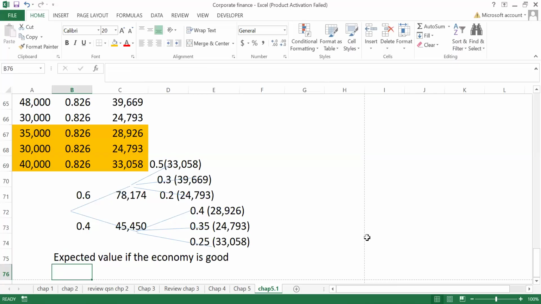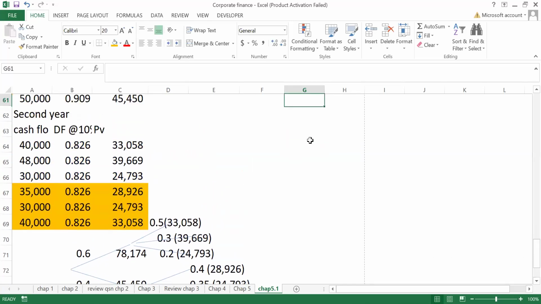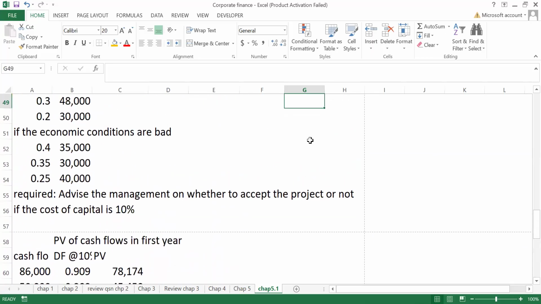It is easy to copy them like that. I copy these ones.